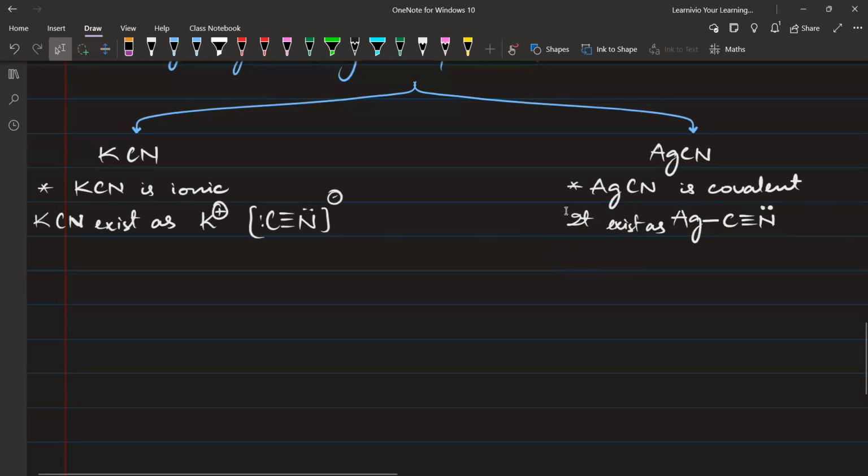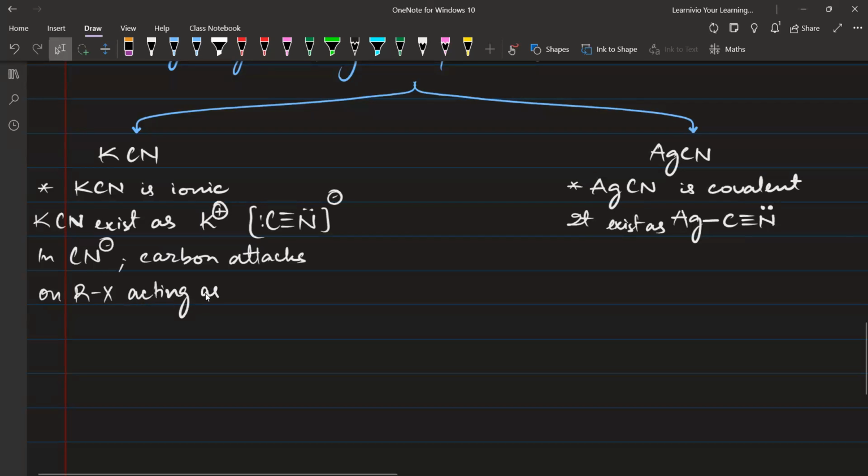it exists as like this. Now C in CN negative, carbon attacks on haloalkane, acting as nucleophile as carbon-carbon bond is stronger. है ना, both carbon and nitrogen can attack. कौन करेगा?